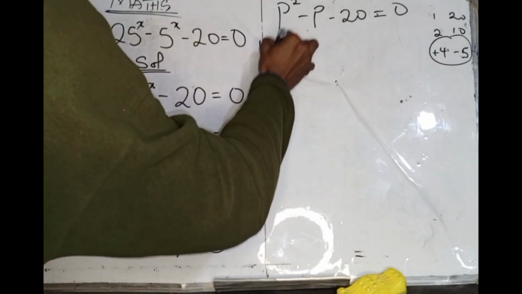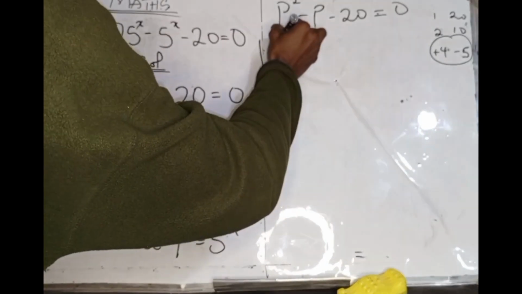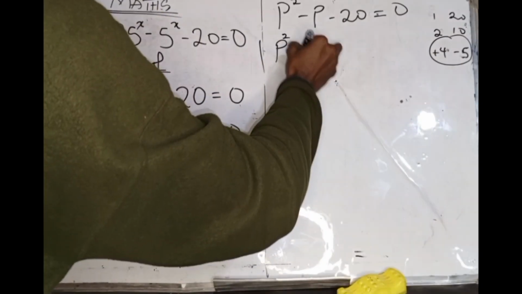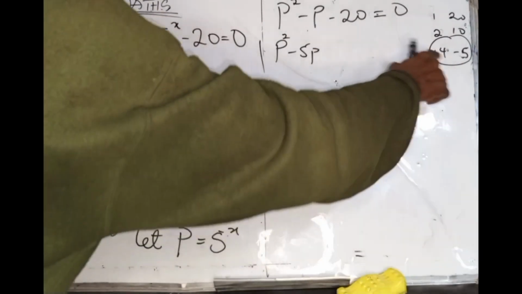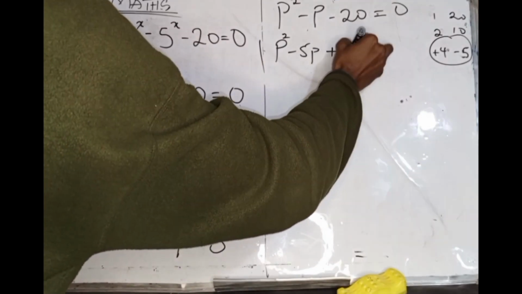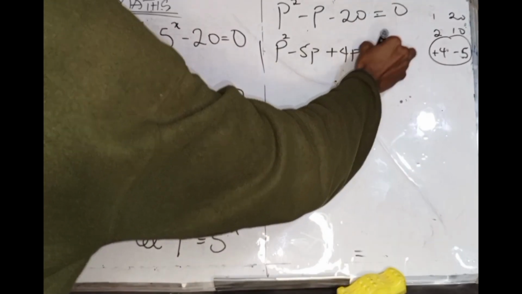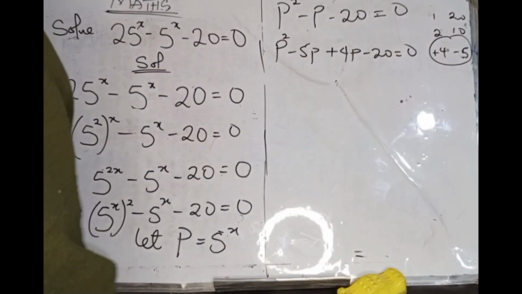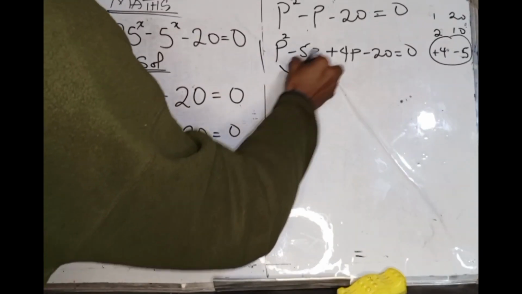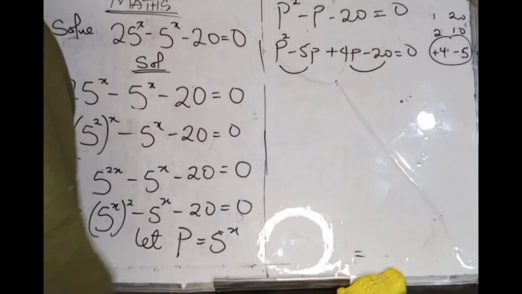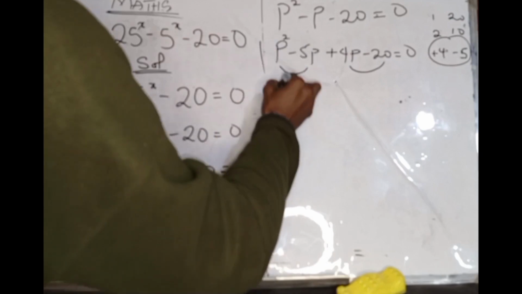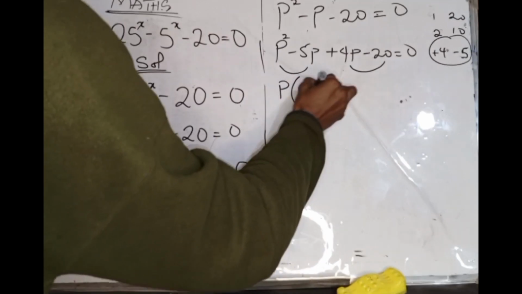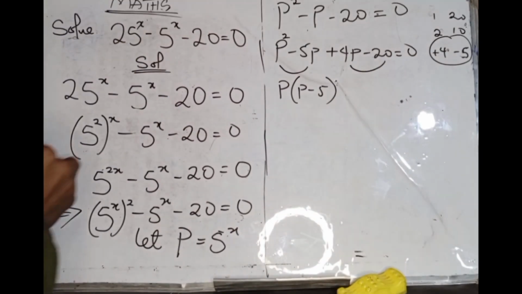So now let's go. Now p squared, I just choose to start from the smaller value, which is minus 5p here. Then next is plus 4p. You drop down this one, minus 20 is equal to 0. Okay, now I have this. What is common here, guys? p is common, open brackets, p minus 5 this way.